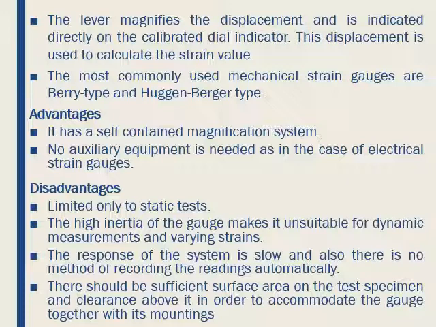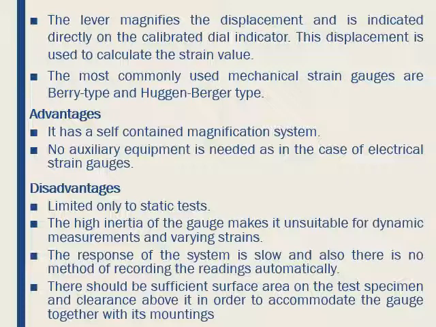Further, no auxiliary equipment is needed as in the case of electrical strain gauges. For example, if I am operating electrical strain gauges, obviously I need an electrical source of energy for operation, whereas in mechanical strain gauges, no such auxiliary equipment is required.